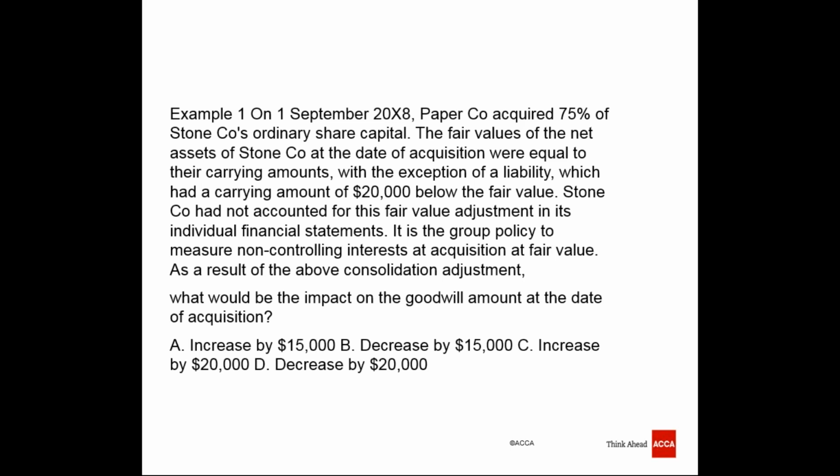After acquiring 75% of the stone's initial capital, the fair value of the net assets equals the carrying amount, with the exception of a liability which had a carrying amount 20,000 below its fair value. Is it A, B, C, or D?